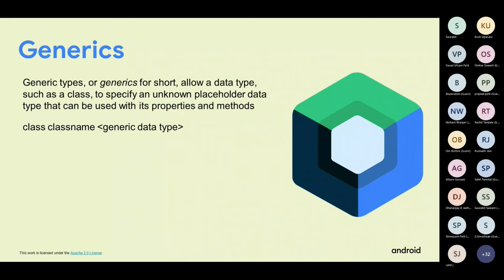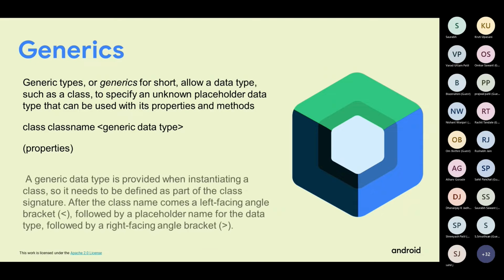So as I was saying, sometimes we do not have a specific data type that we are going to get as an output, because it can be a string, integer, image, anything. So in that we use generics, and the normal syntax for this is: we define a normal class name and then we have a generic data type followed by the properties that we will be using.